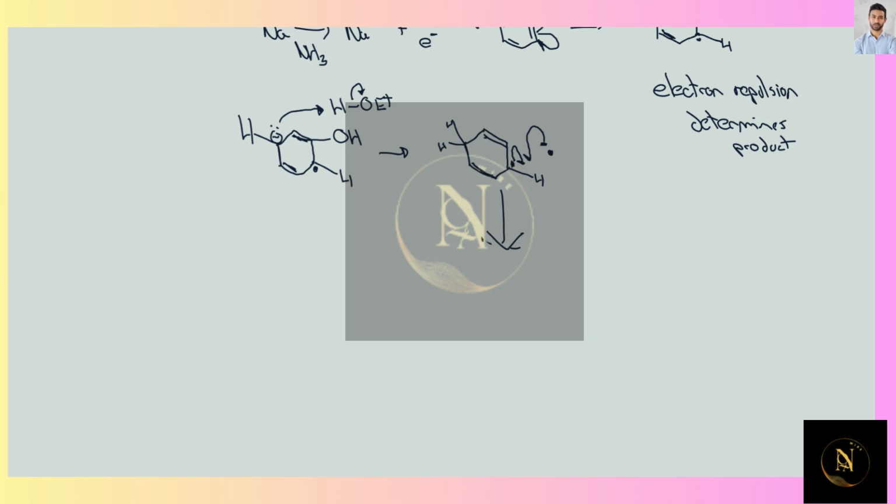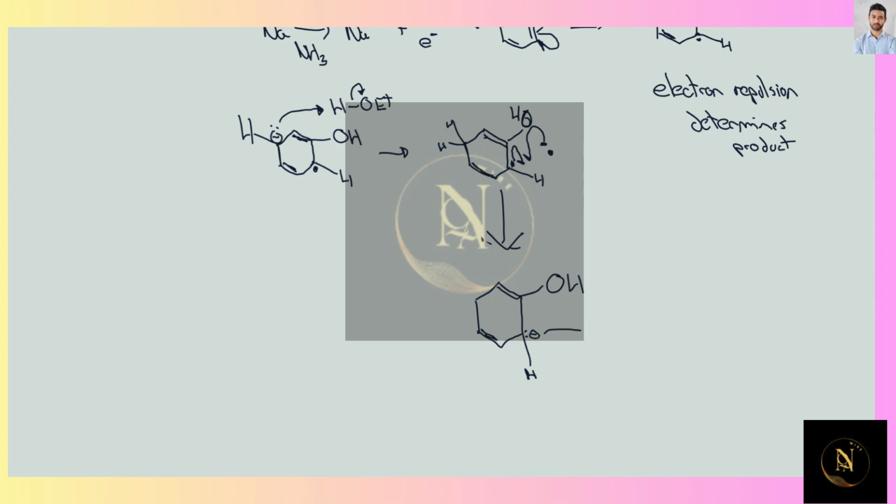So now we are getting closer to the desired product, our OH group here. Now I'm going to put the two hydrogens on the other side, and over here we're going to have the hydrogen and the pair of electrons with a negative charge.